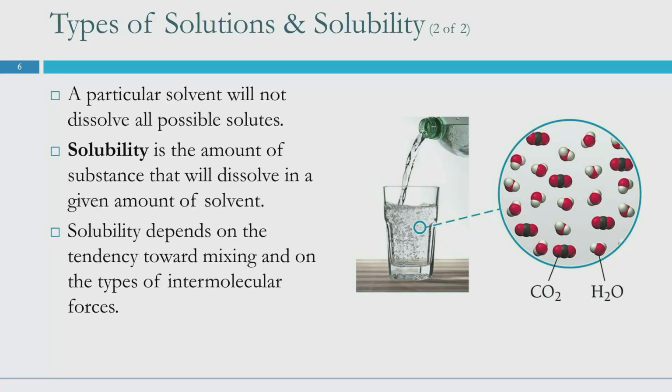When you're making solutions, there's no universal solvent. A particular solvent like water, hexane, etc., is not going to dissolve all possible solutes necessarily. So there are cases where not everything will dissolve.